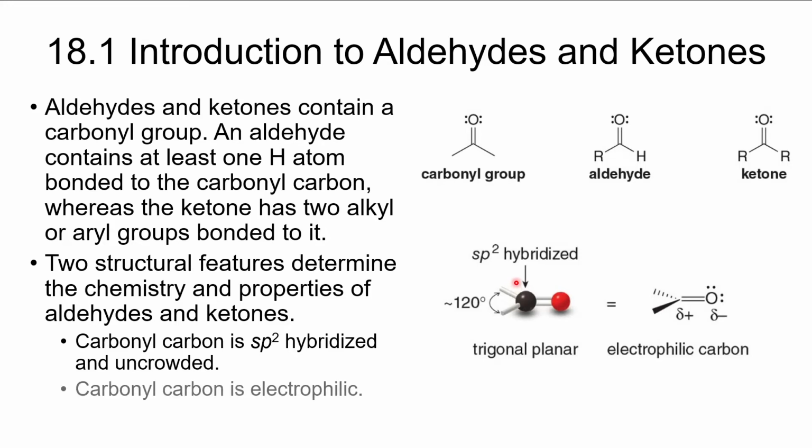And the other feature is that the carbonyl carbon is electrophilic. The carbon-oxygen double bond is quite polar, and that causes a significant partial positive charge on the carbon, which means that we can do reactions at that carbon. That's going to be the basis of many of the reactions that we will look at here in Chapter 18. Now, we did look at some of these back in Chapter 17, so some of this is going to be review, but some of this will be new.